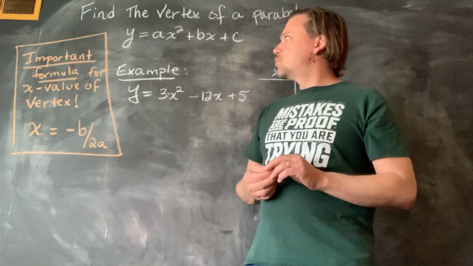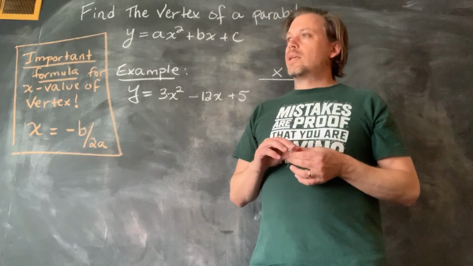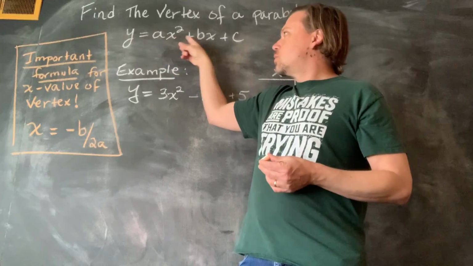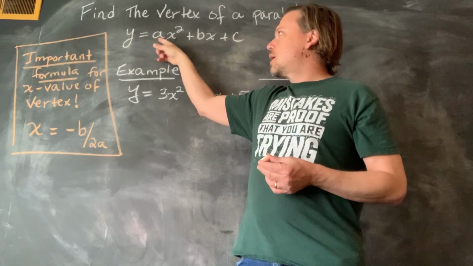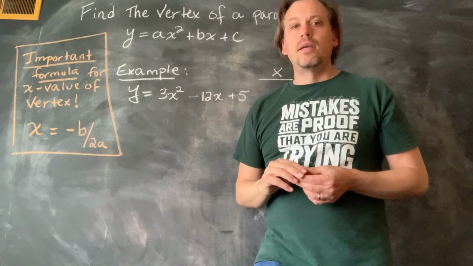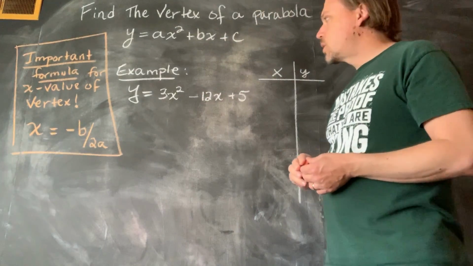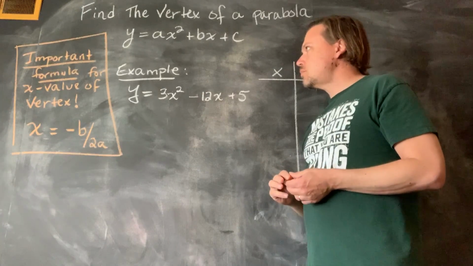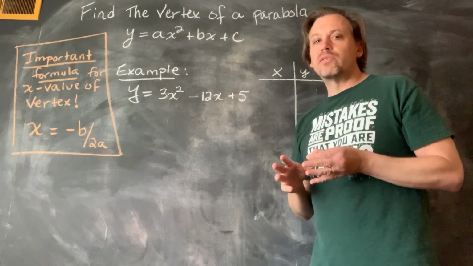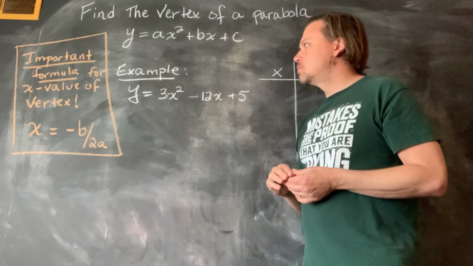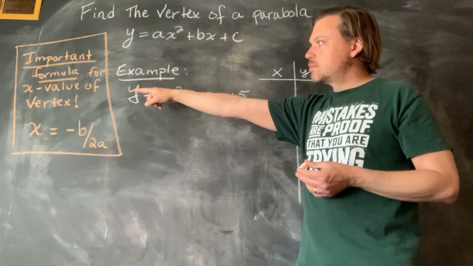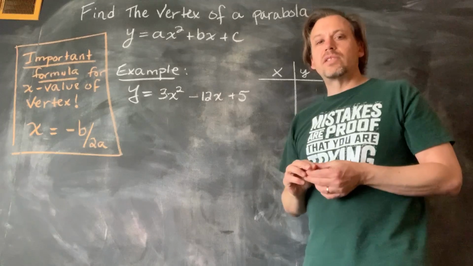A parabola, we've talked about it in simpler forms than this, but a parabola in standard form is a trinomial, ax squared plus bx plus c. And whenever you have a trinomial like that, you can find the vertex starting with a simple formula. It's a very important formula, and that's why I've called it the important formula for the x value of the vertex.